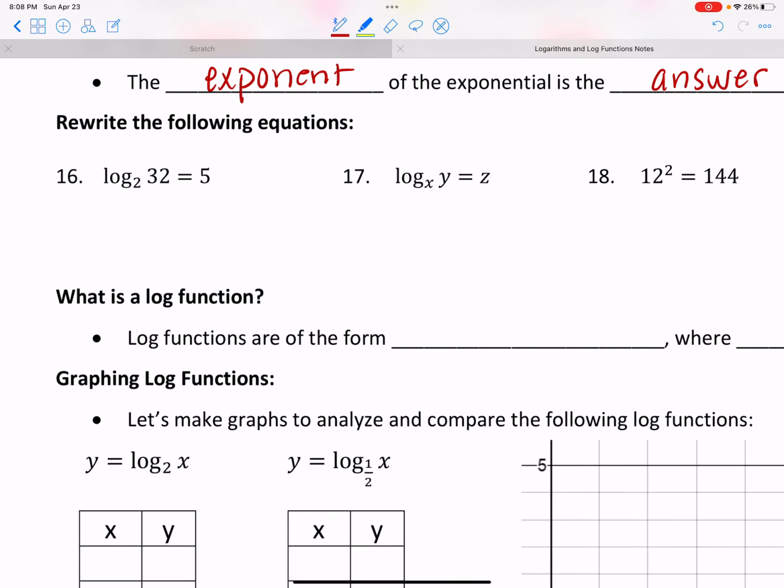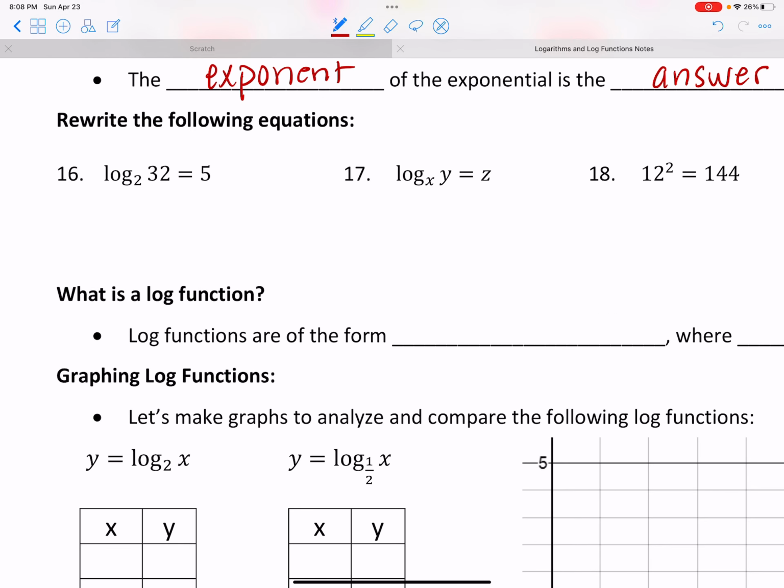It's not an expression to evaluate, just an equation to rewrite. Now I think going this direction is easy because I know the connection between these numbers. But again, if I wanted to rewrite the log base 2 of 32 equal to 5, it would become 2 to the 5th power equals 32. So my base is my base, and then the exponent here was the answer here.